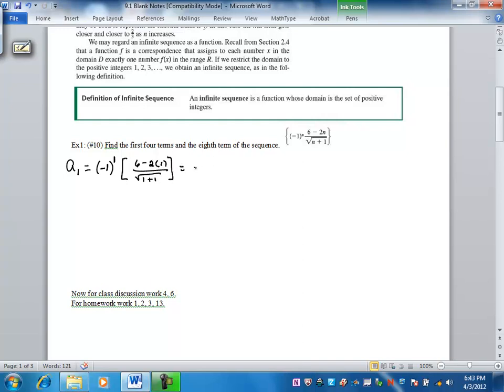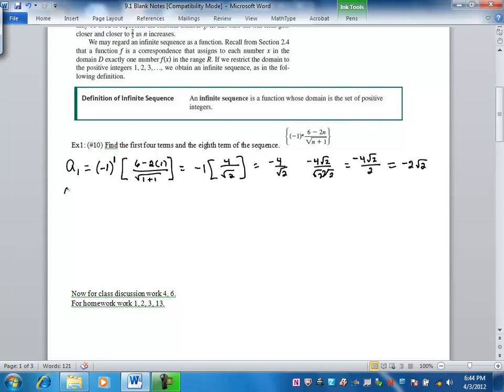So this gives me -1 times 6 minus 2 is 4 over the square root of 2, and so this gives us -4 over the square root of 2. And of course we could rationalize this: -4 root 2 over root 2 times root 2, which gives me -4 root 2 over 2, which gives me -2 root 2.